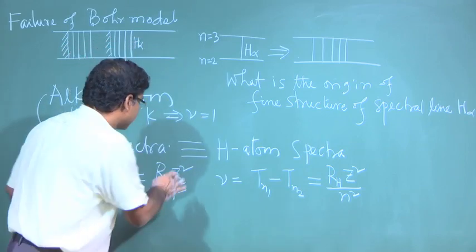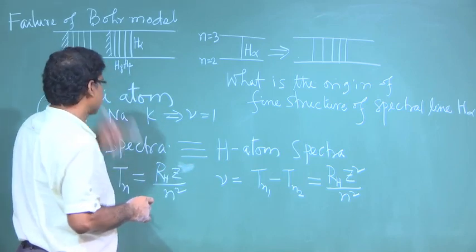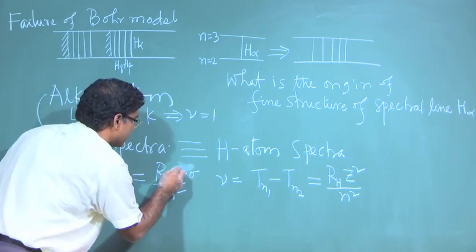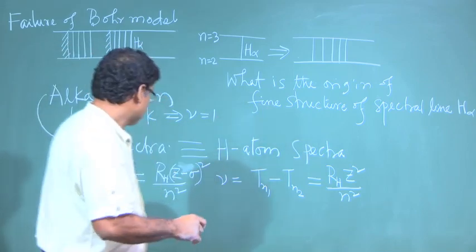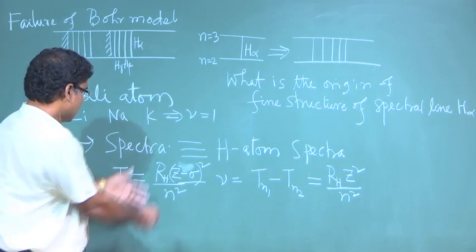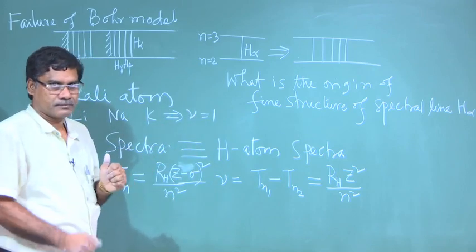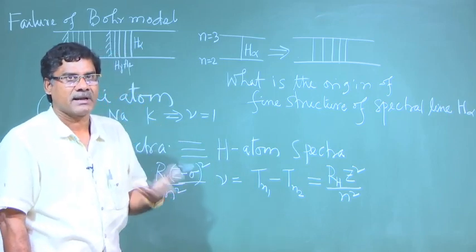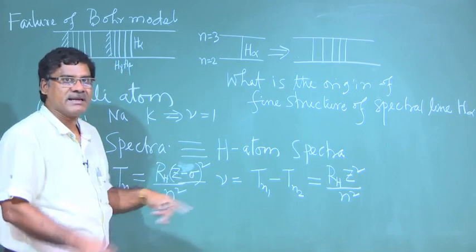So, in that concept, the term value for atomic spectra of alkali atoms can be written including one screening constant like this, as I already discussed, this screening effect. Okay. So, that means this alkali atom has valency 1, means only the outer electron is active, it is like a hydrogen-like atom. Okay. So, the only correction we need is for the screening effect.